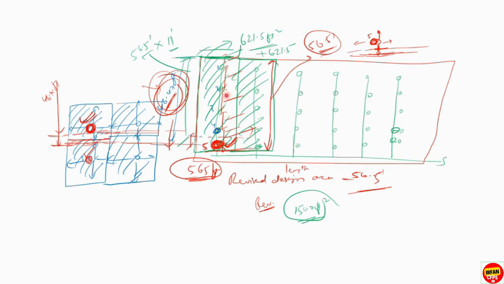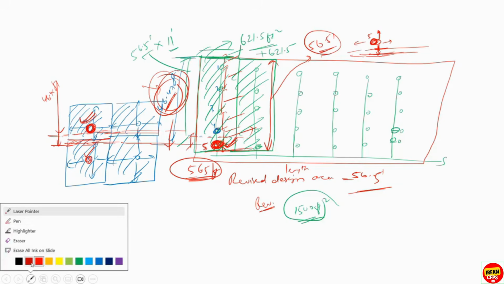But here, you define the number of sprinklers based on the minimum design area and the length of the design area. So here, 621 plus 621 is 1242 or 1241. So 1500 minus 1241, how much will it be? It will be 259. So we need to consider 259 square feet.